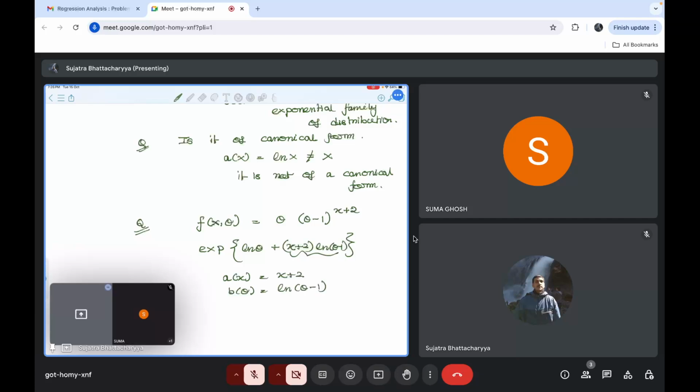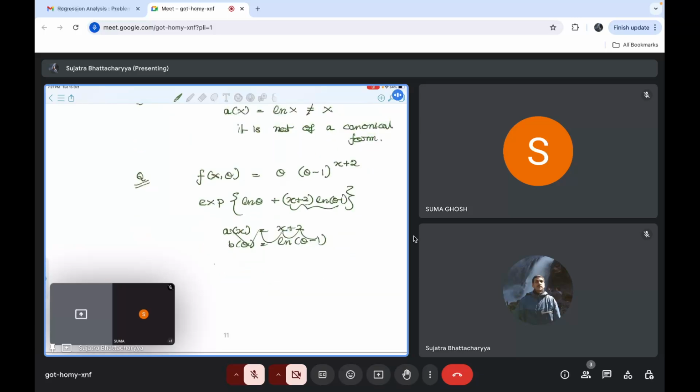Now, of course, we can write this as, for the exponential, log of theta plus (x plus 2) into log of (theta minus 1). So can we write this as x log(theta minus 1) plus 2 log(theta minus 1)? We can.